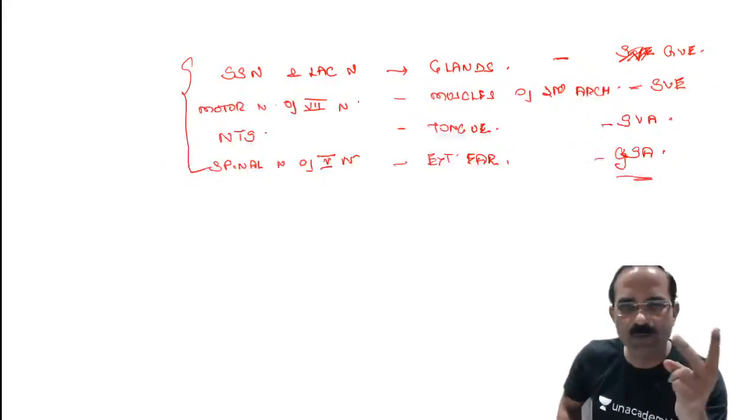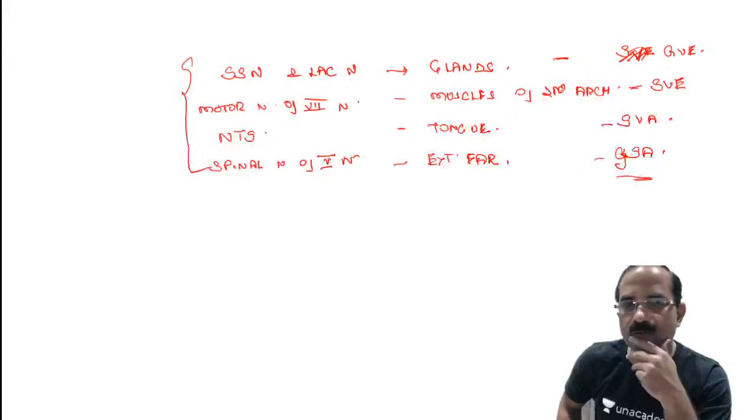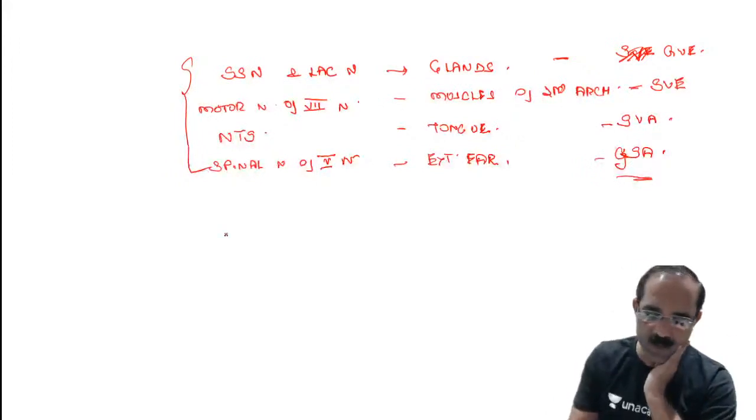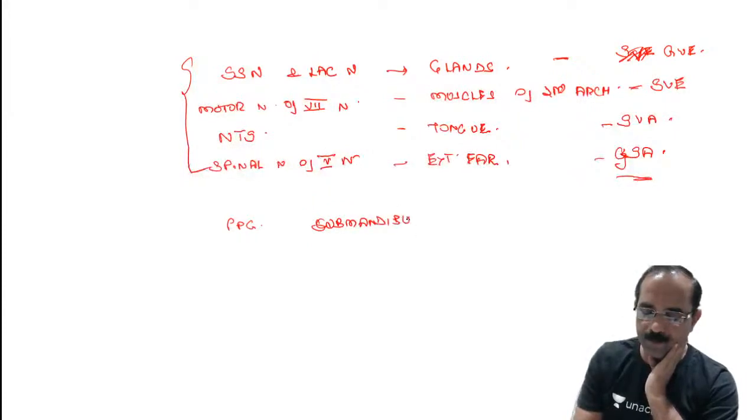If you can tell me which are the two ganglions related to the facial nerve. Which are the two parasympathetic ganglions related to the facial nerve. One is the pterygopalatine ganglion and the other one is the submandibular ganglion.